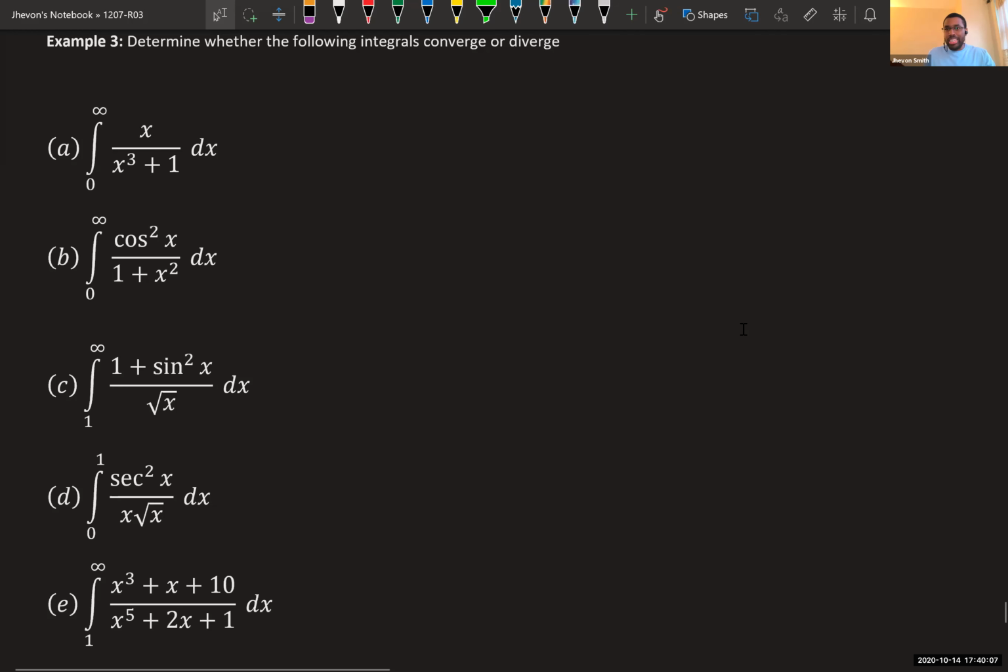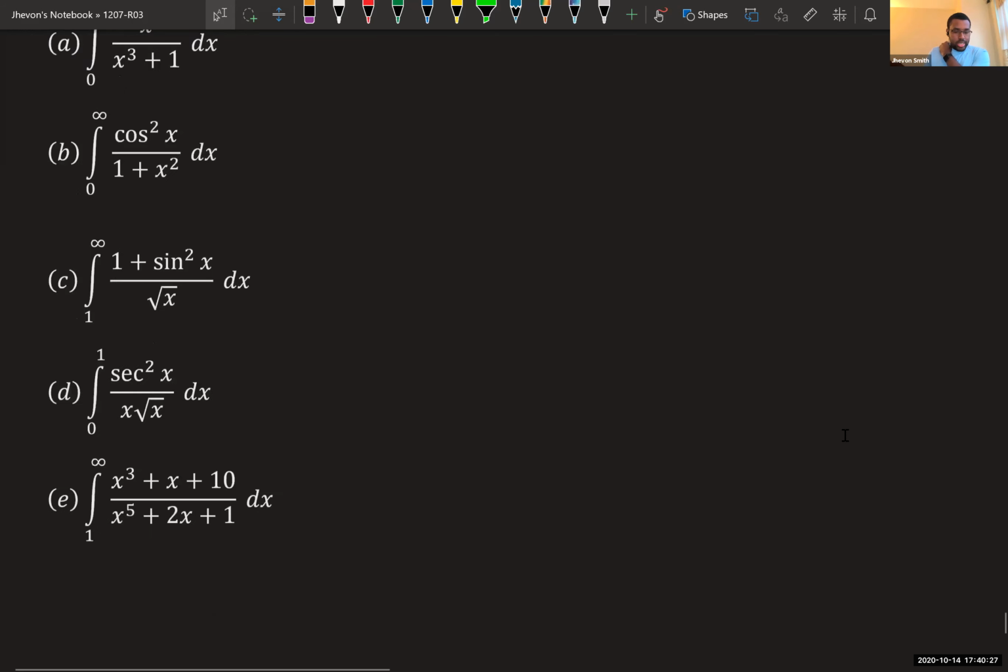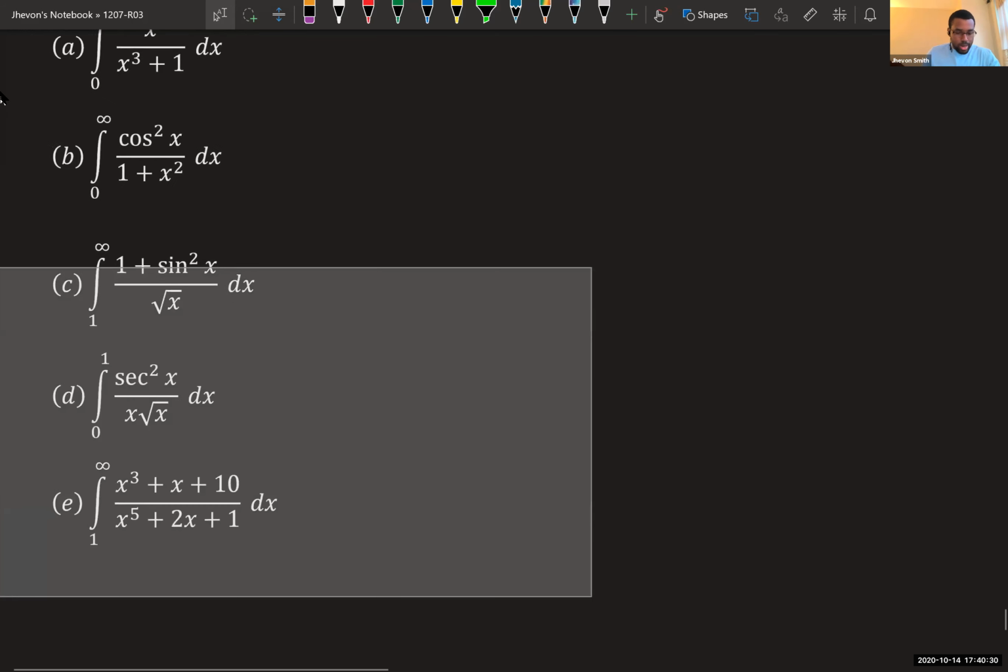You can't really integrate cosine squared over 1 plus x squared. This is also impossible, I think. This one, I'm not sure, but I wouldn't want to find out. So there are issues with directly computing these integrals, and that's why the comparison theorems will be very useful. So let's see how this would go down.